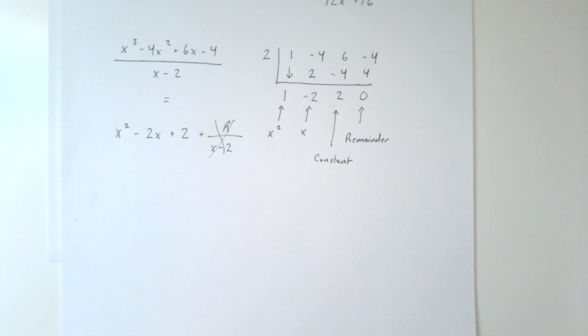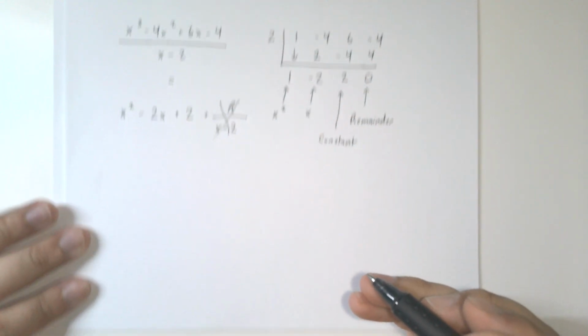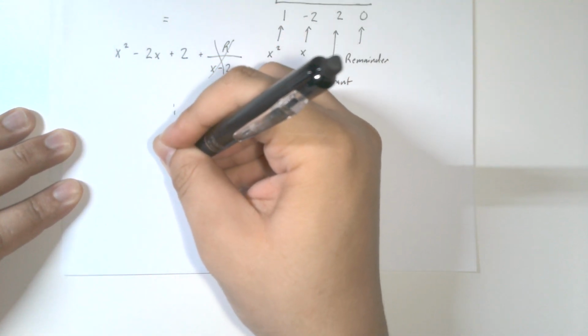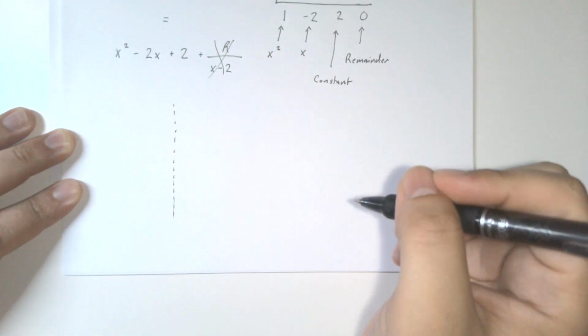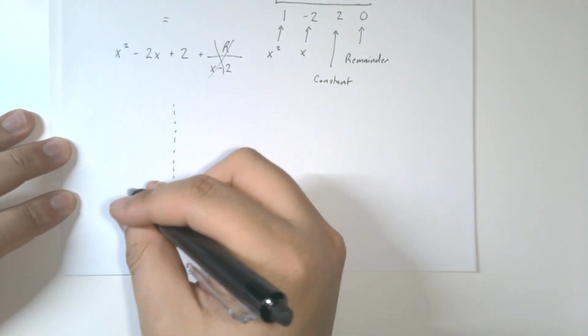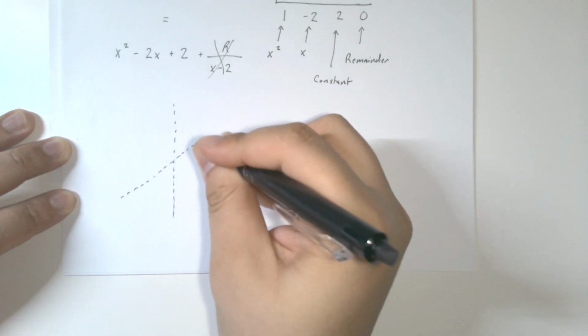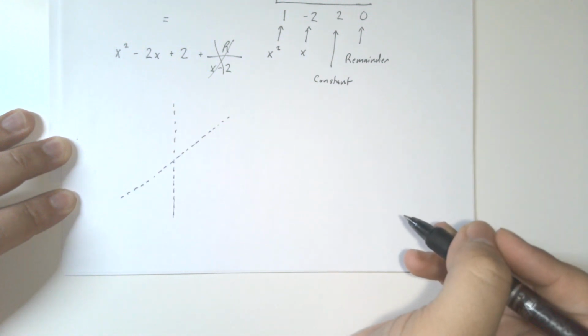And so, why we're concerned about this in this topic is because we're going to use polynomial and synthetic division to find the equations for slant asymptotes. So we've seen horizontal asymptotes before, where we have a function that maybe has a vertical asymptote, but we've had functions before that have an asymptote that looks like this.